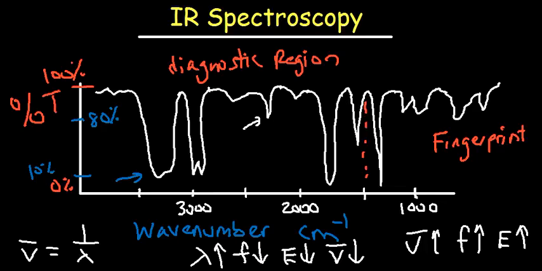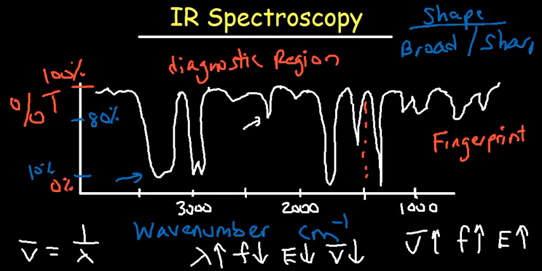Now, let's talk about the shape of a signal and the intensity. There are really two ways to describe the shape of a signal. It's either broad or sharp. As for the intensity, you can describe it as weak, medium, or strong.